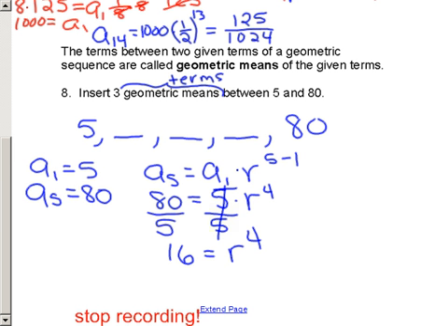And how do we undo a 4th power? 4th root. R is 2. Are we done? What did it say to do? Did we add 2? Multiply by 2.